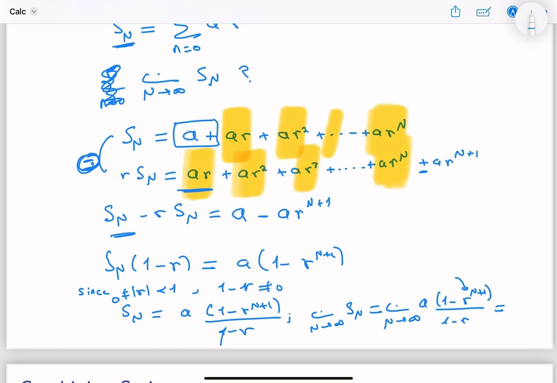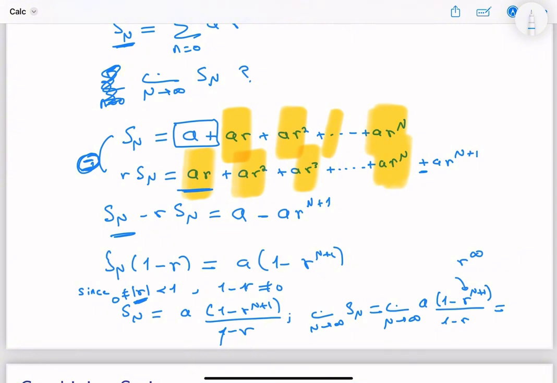For the rest of the terms will be the same, and over here we will have r to the infinity. But since r is less than 1, r to the infinity is 0.